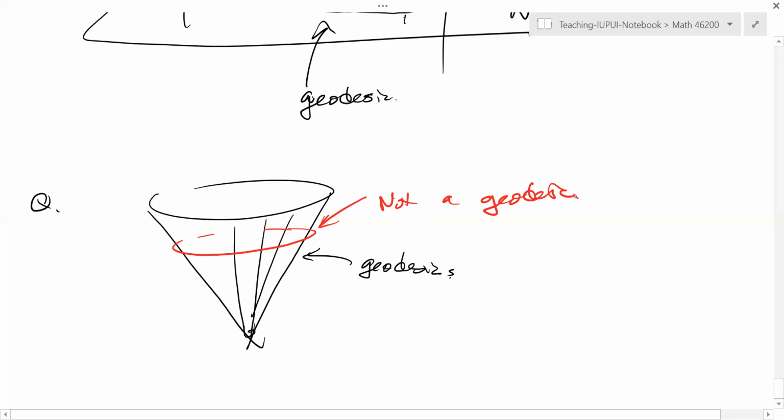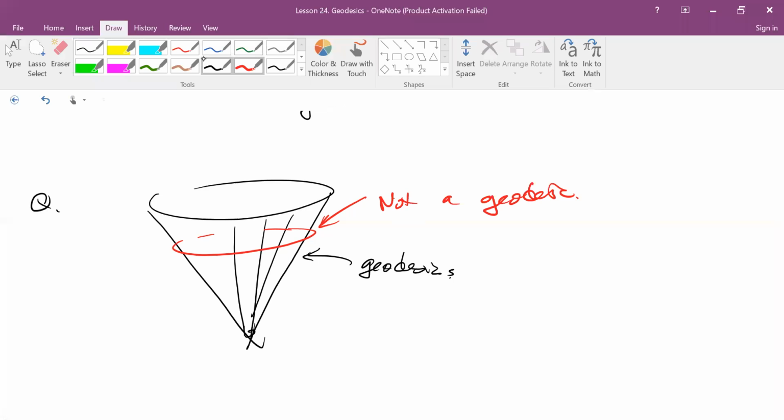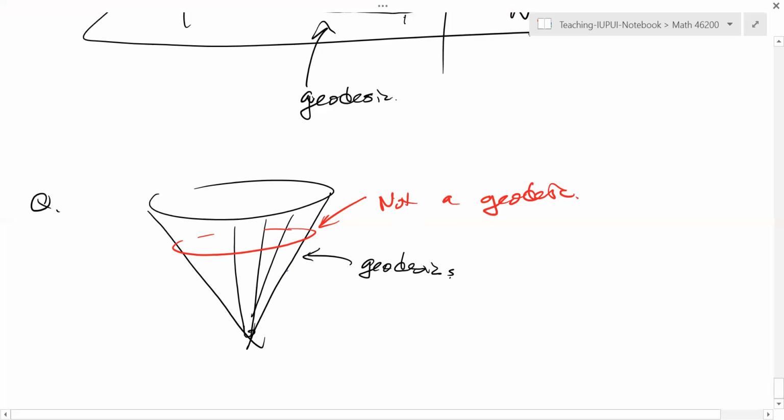So you wanted to get a geodesic on the cone. Your plane must be perpendicular to the surface. Okay, so I have to look at this cross section like that.